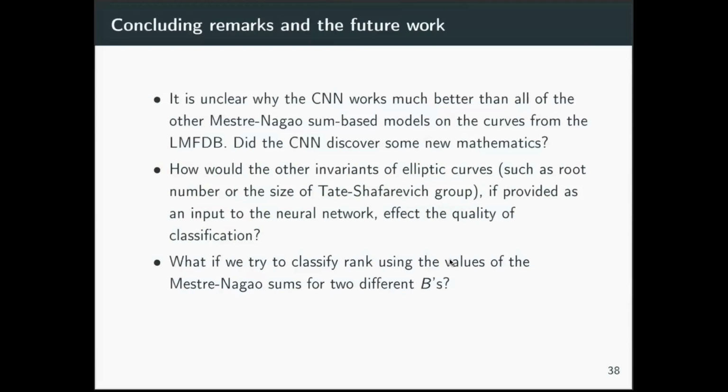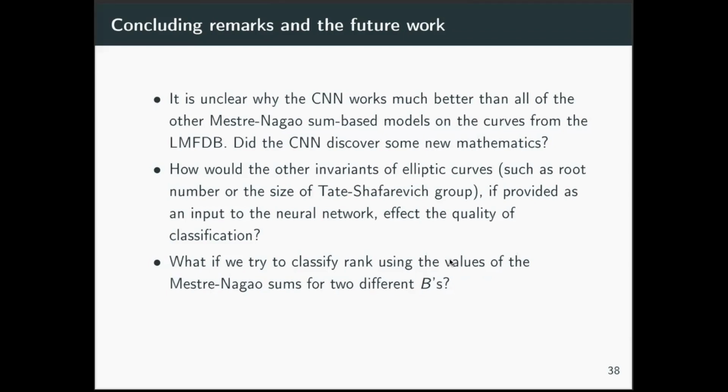So another idea is to play with these neural networks which are modeling Mestre-Nagao sums. So here we're just taking one number as an input together with the conductor. So the sum of first B coefficients, but maybe the classification would be better if we provide more partial sums.